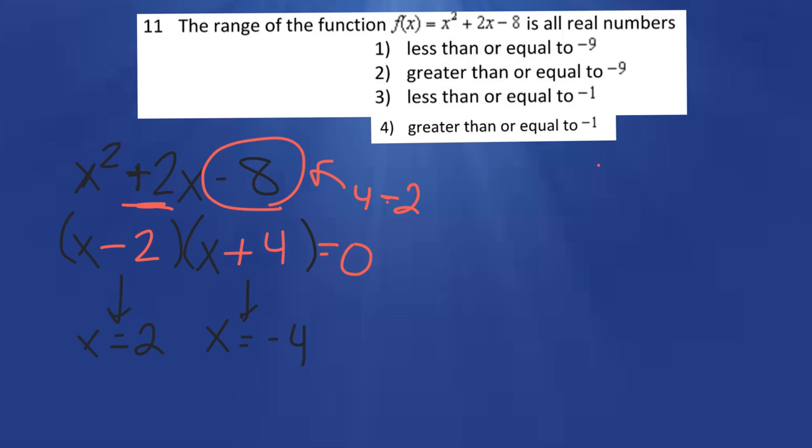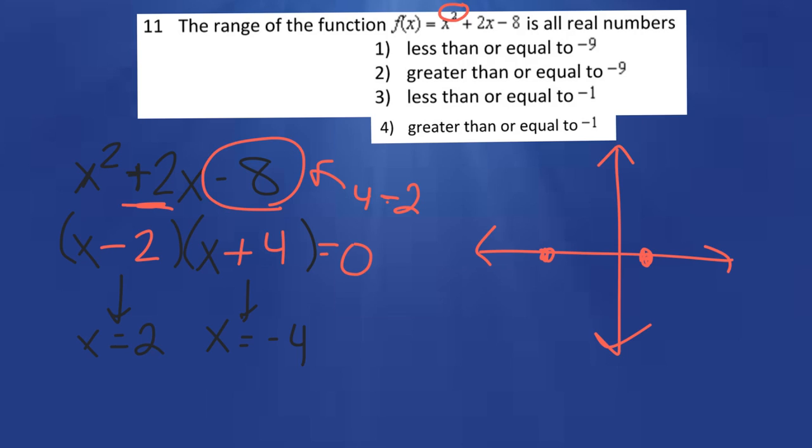So let's try to visualize what this would look like if we were to graph it. x equals 2 might be around here, and x equals negative 4 would be over here. Because this is a quadratic equation, because we have x squared, it's going to look like a parabola that opens up or down, like a happy face or a sad face.